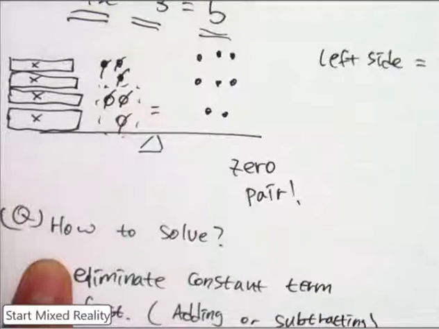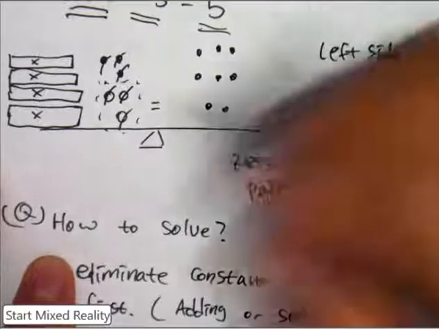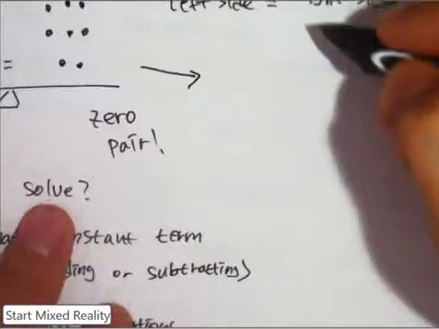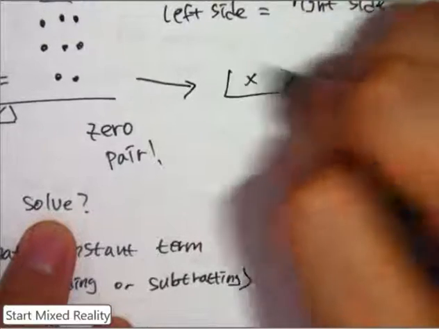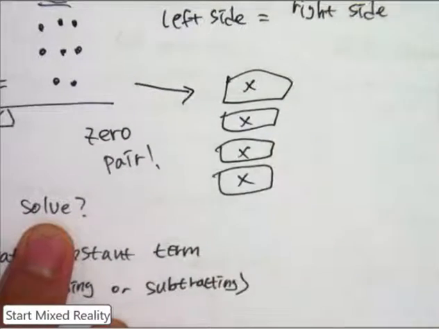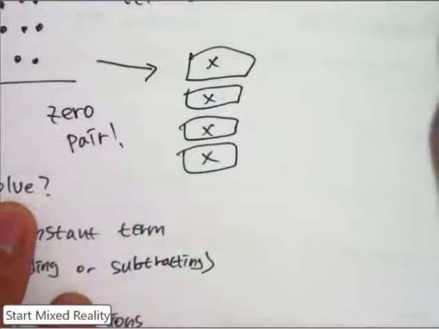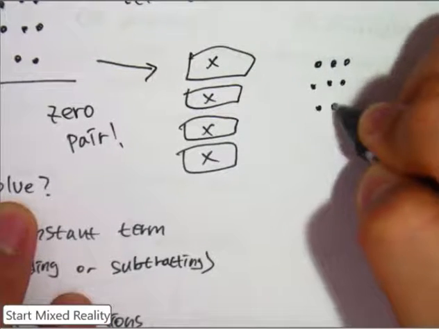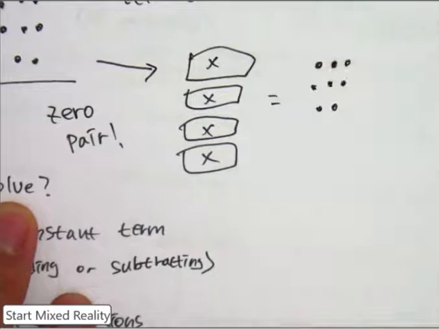Then you know what? As you may notice, blank 1 and filled 1 are going off. And what you have now, if I rewrite it, we have 4 x's on the left side with 1, 2, 3, 4, 5, 6, 7, 8 on the right side.